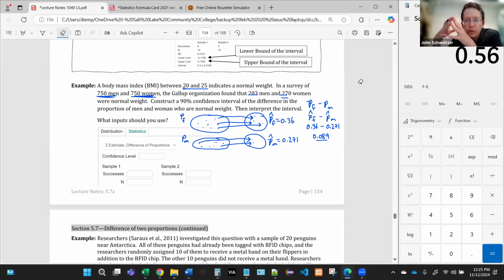So we're actually back to the z distribution, which is great. We're very comfortable with the z distribution. We've been working with it for a couple of months now, so it should be pretty easy for us.